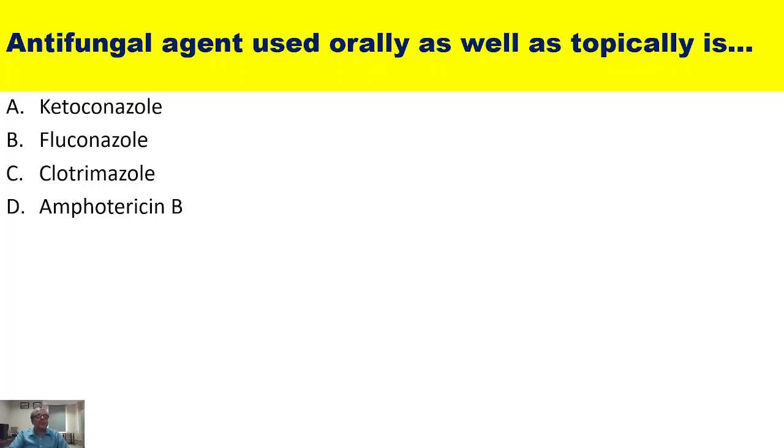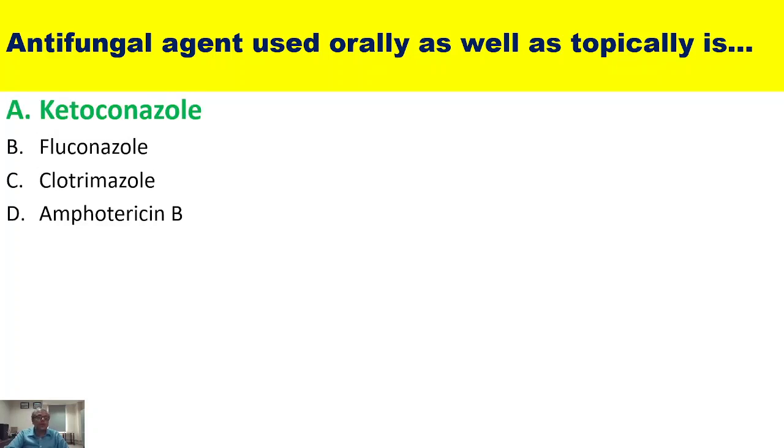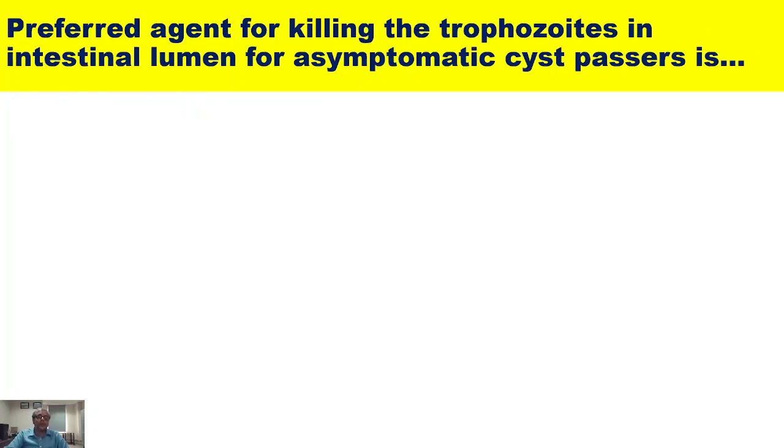Amphotericin B is a systemically used antifungal agent, while out of the first three, ketoconazole is used both topically as well as systemically. Fluconazole is used exclusively systemically by the oral route, clotrimazole topically. Okay, so the answer is ketoconazole.